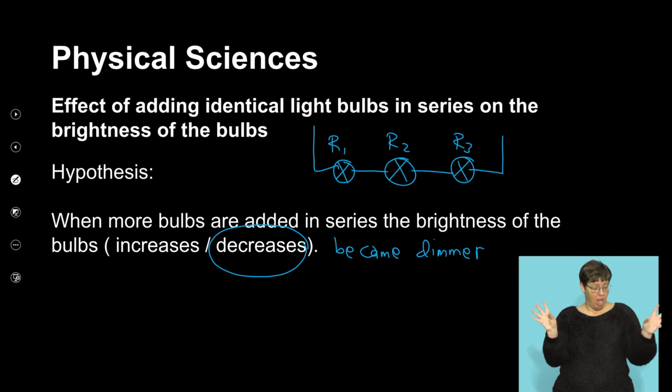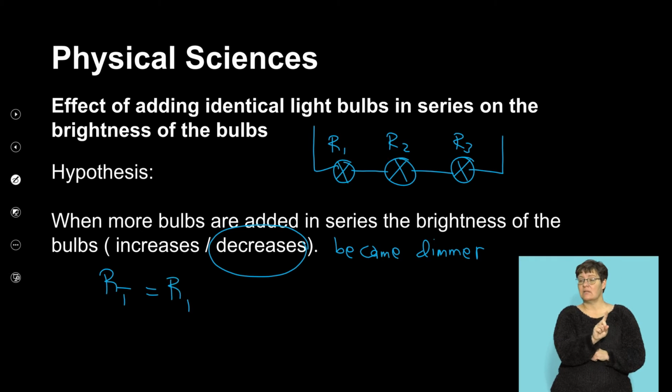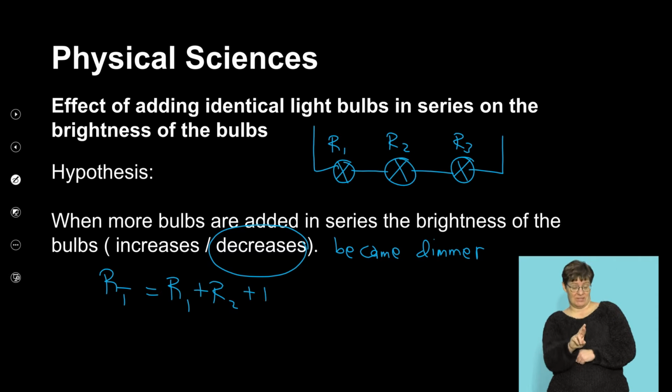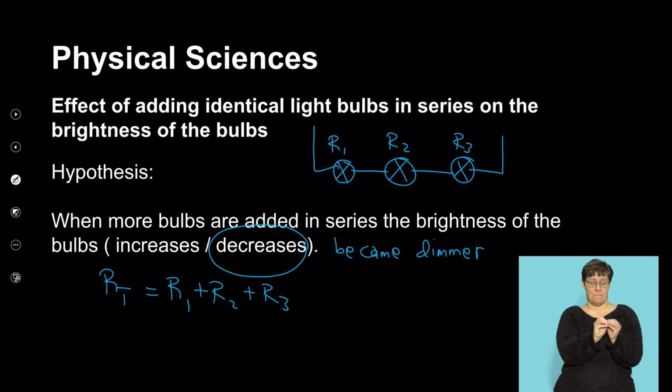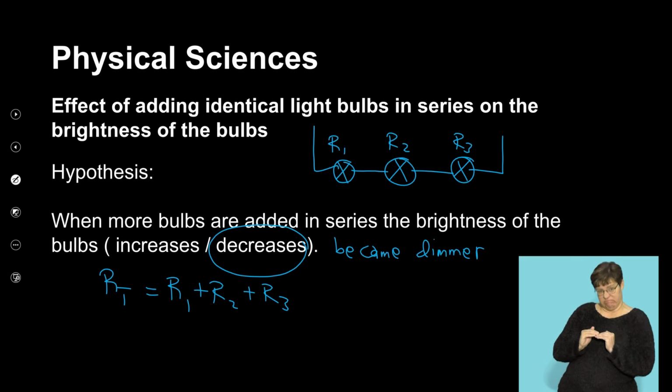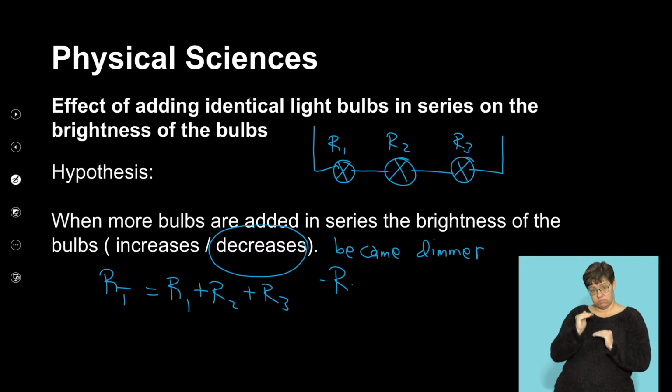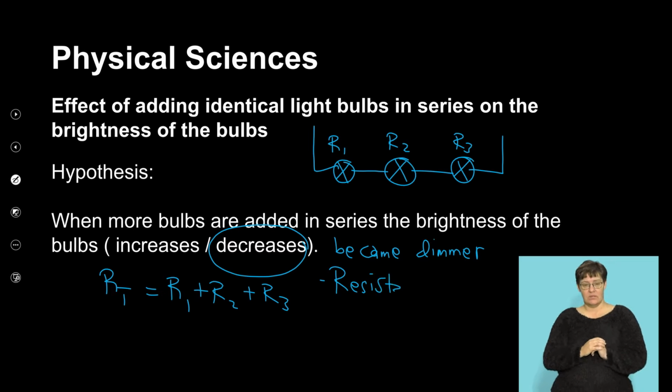So the total resistance in this case, as we would remember, is equal to the sum of those three resistances. Then if we continue adding, there is an increase in the total resistance. So if the total resistance increases, how does that affect the total current?